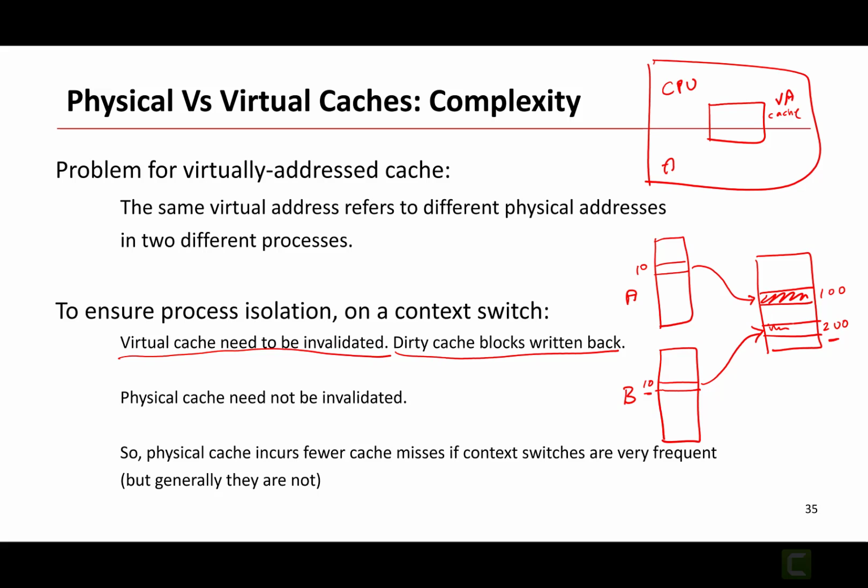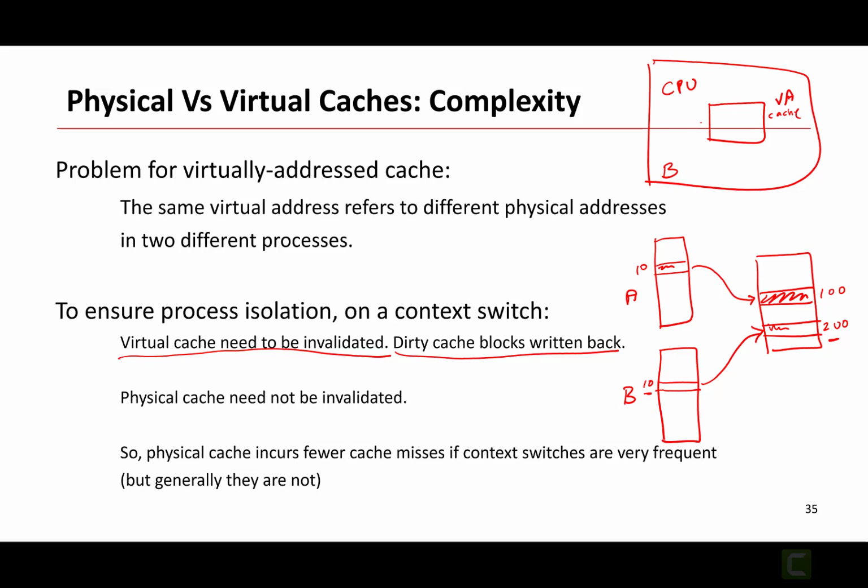So A will write back the data to main memory at physical address 100, safely storing its virtual address data, right? And then it can completely clear the virtual cache so that B can come in and start using it.